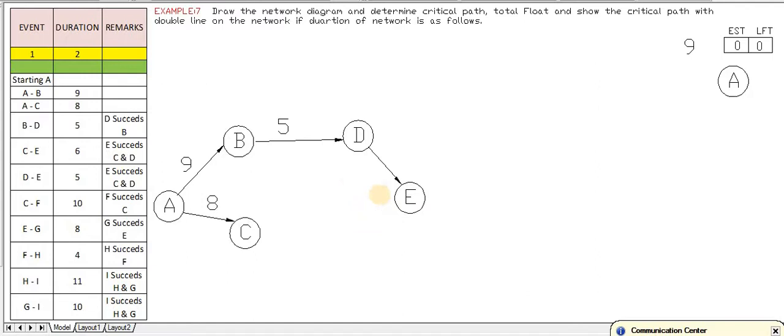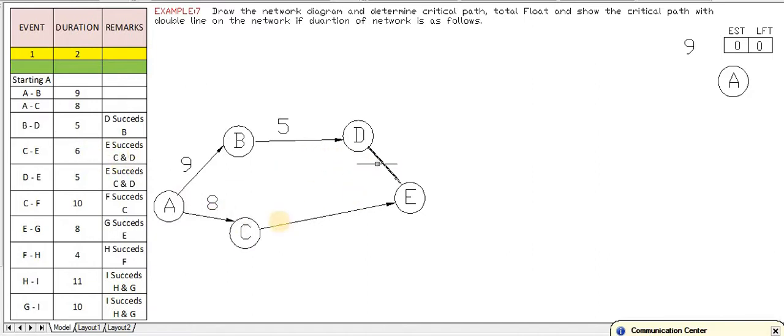The same line is used for D to E, because the end point is the same, therefore the remark is the same: E succeeds C and D. So that means we have drawn the correct diagram. Yes, E succeeds C and D.